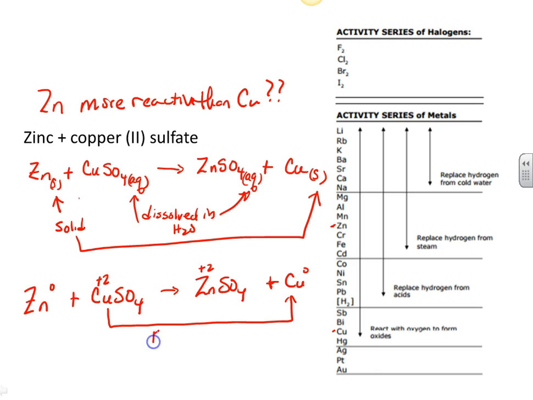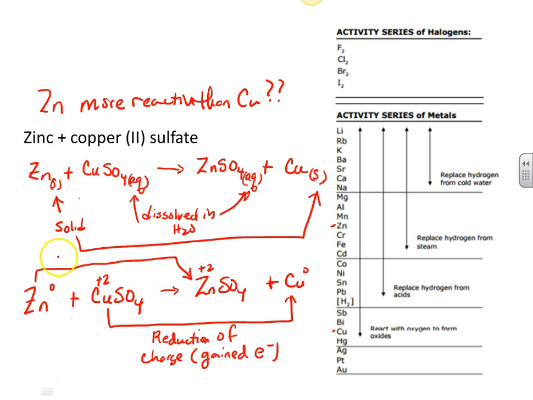So this is a reduction of charge. That means it's gained electrons. Our zinc, on the other hand, has lost electrons. We say that it is oxidized.